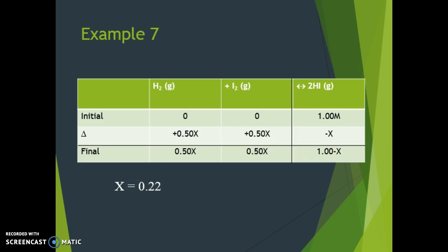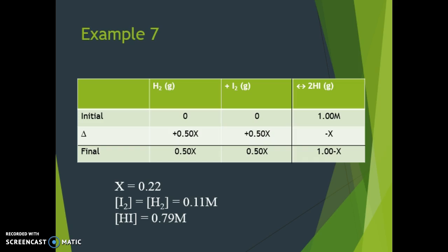I found that x equals 0.22 molar, so that's just the x value. That's not necessarily what all of the change is equal to. I still need to plug that value back into my chart problem up top to define what my final concentrations are. And I found that I2 and H2 would be the same, and that would be roughly equal to 0.11 molar, and that my HI concentration should be equal to 0.79 molar.